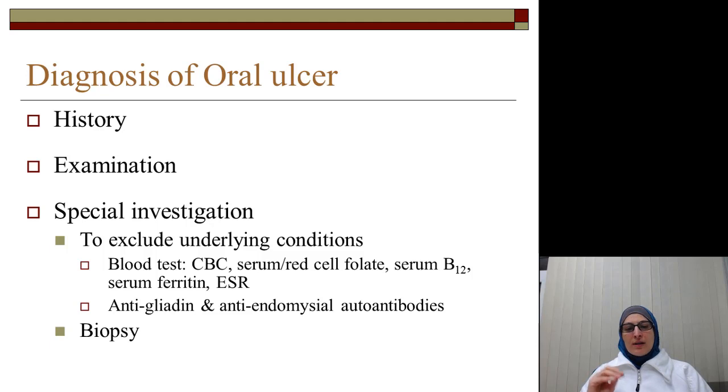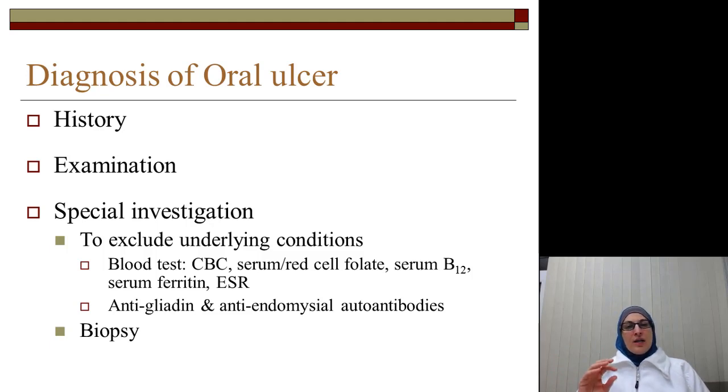I would do antigliadin and anti-endomysial autoantibodies if I am suspecting GI disease, like celiac disease, where the patient is developing allergy to wheat and cannot tolerate eating bread or wheat or barley.